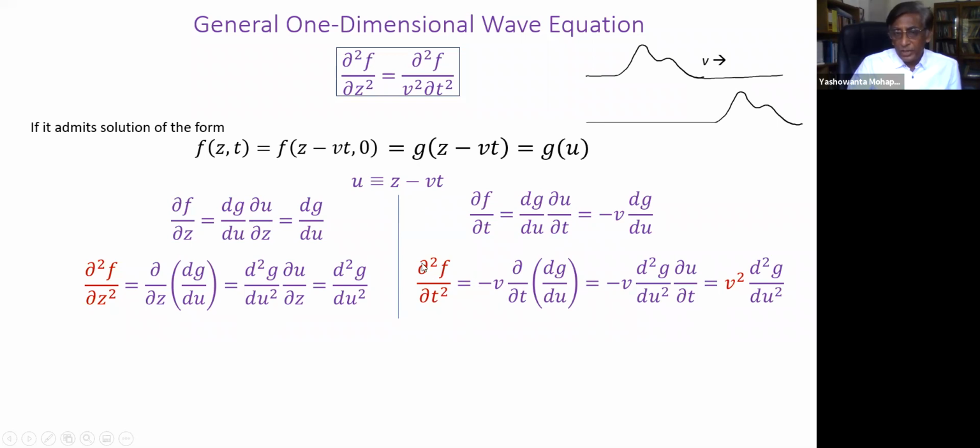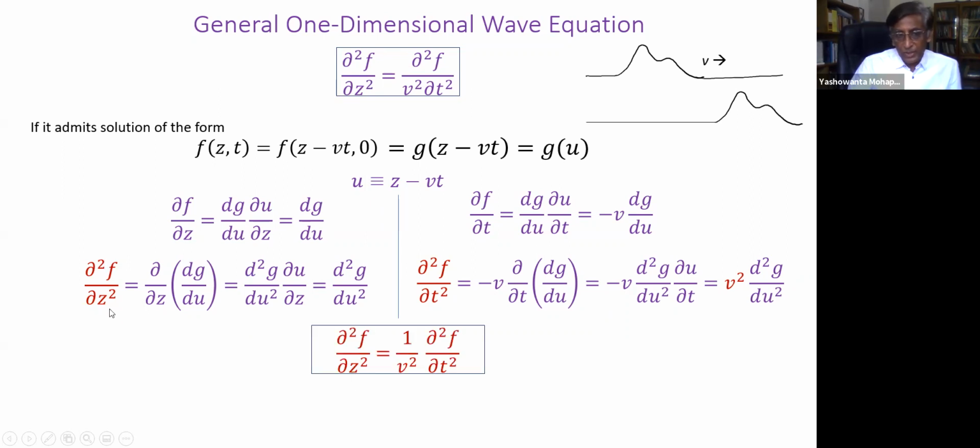Every time you differentiate with del by del t, you pick up a factor minus v, and hence del square f by del t square picks up minus v again, and minus v times minus v is v square, so it is v square d square g by du square. And that gives us the wave equation.